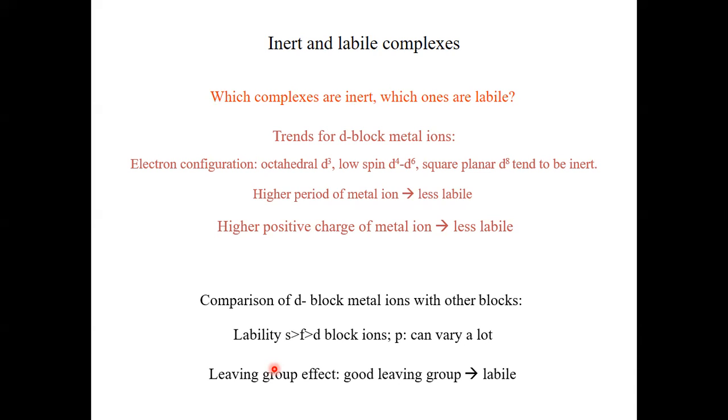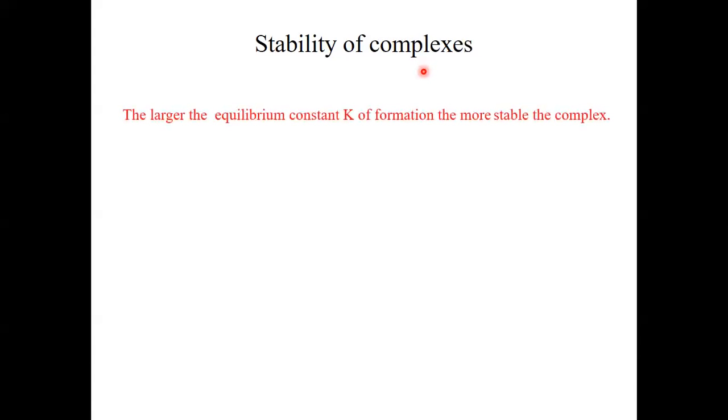Okay, so now let's go from the kinetics to the thermodynamics and look at the stability of complexes. Let us look at what determines the stability of complexes. Generally, the stability of a compound, including a complex, is determined by the equilibrium constant K of formation.